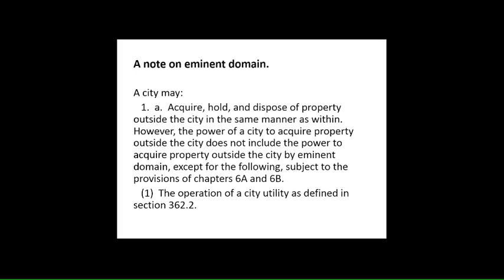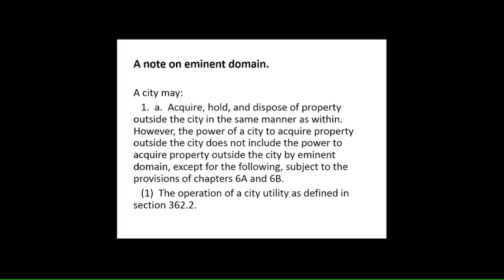You will note that in section 1A, there is an exception that the power does not include the power to acquire property by eminent domain outside of the city. And then there's an exception. One of the exceptions is that the operation of a municipal utility can be such that the municipal utility can use eminent domain powers outside of the city.